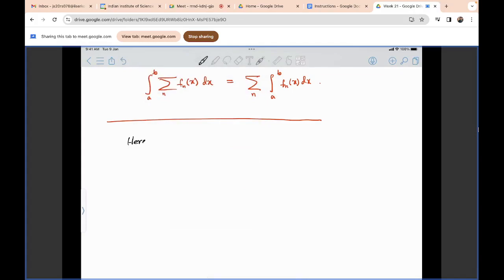Here we have to check that summation k equals 0 to infinity of minus 1 to the power k times x minus 1 to the power k plus 1 by k plus 1 is uniformly convergent.